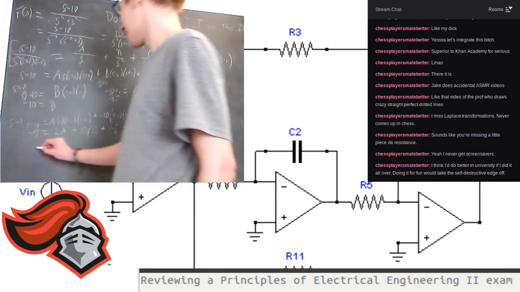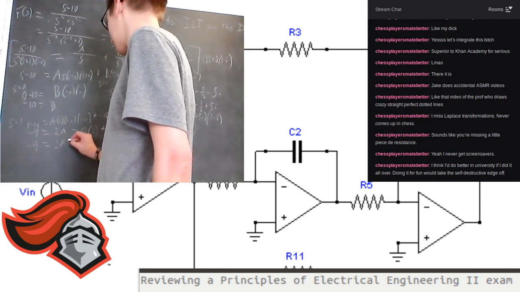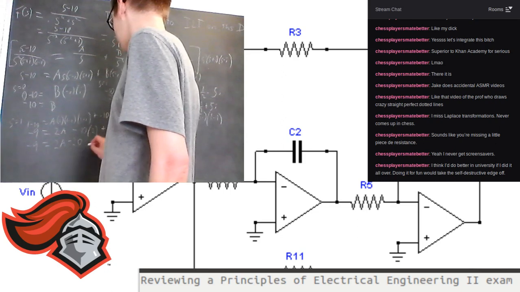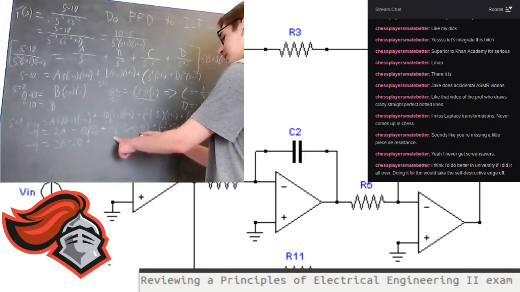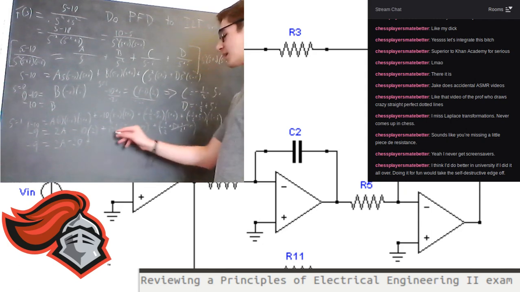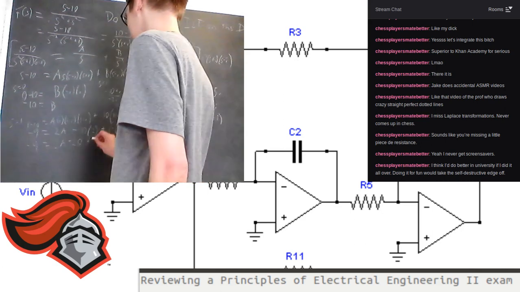So we got negative 9 equals 2a minus 20 plus, and then we have 5 is 10 halves minus 1/2, that's 9 halves, but we have 2 of them, so we get plus 9.